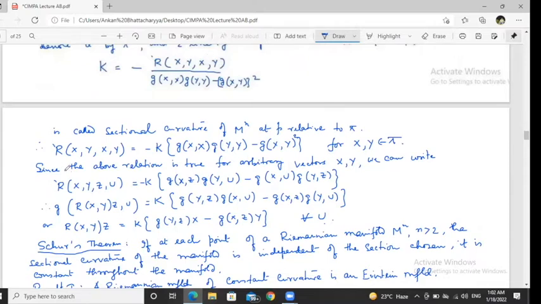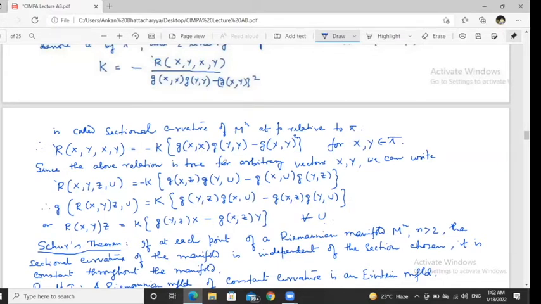So from here we can write R' xy xy equal to minus K of this form, for x, y belonging to pi. Since the above relation is true for arbitrary vectors x and y, we can write R' xy zu equal to minus K. Now if I replace the second xy by zu, we get g of Rxy z equal to K times gyz gxu minus gxz gyu.